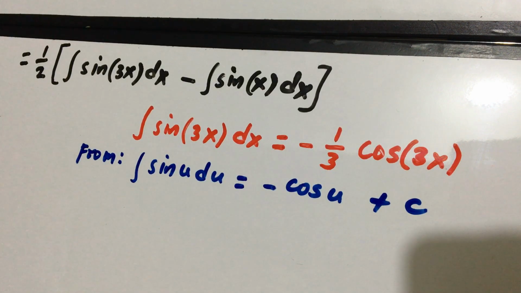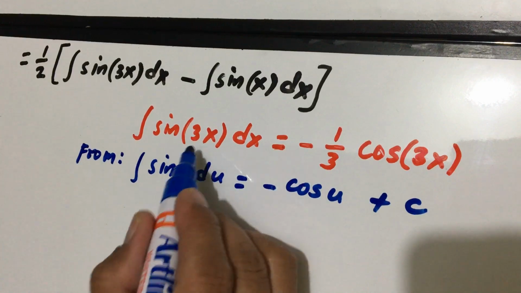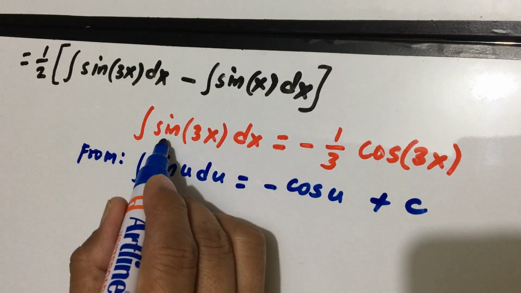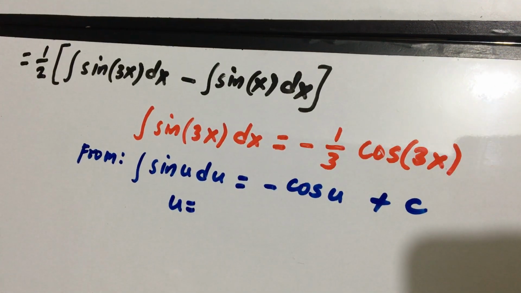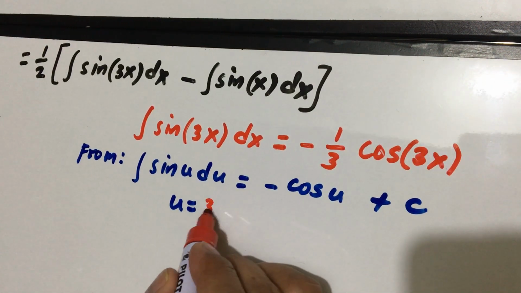So that is our formula. Now it's a matter of finding what our u is from the given sine u. So our u must be equal to 3x, right?